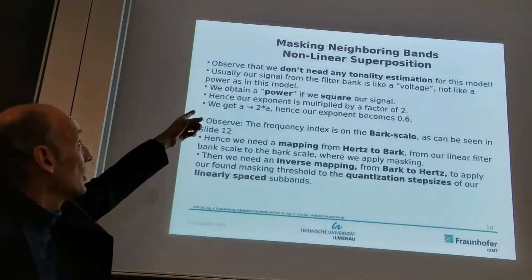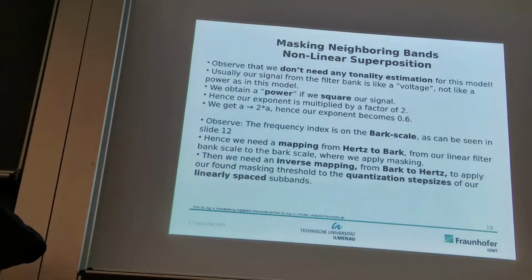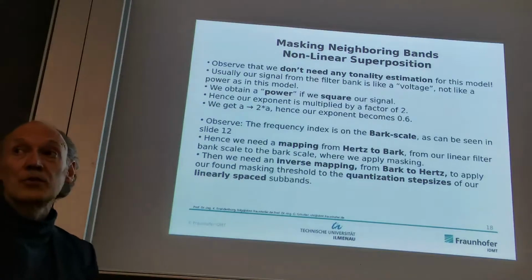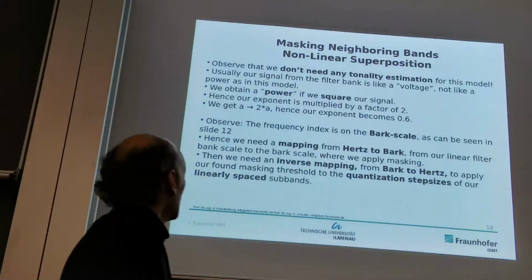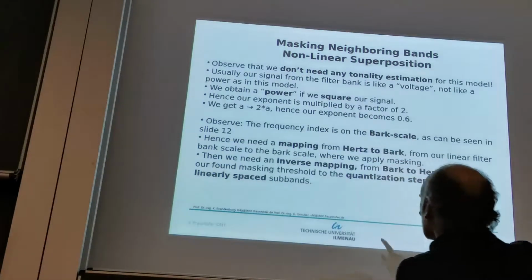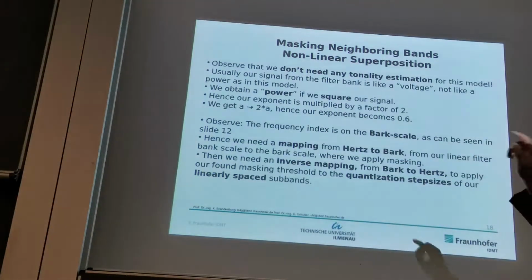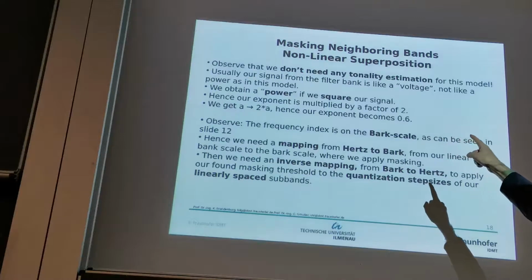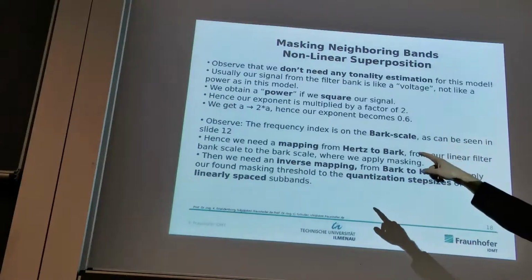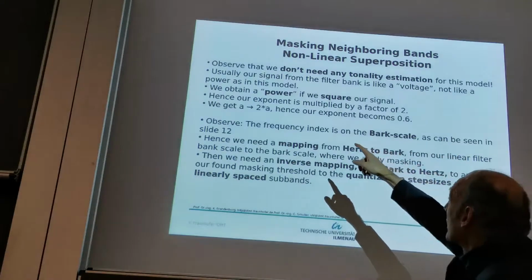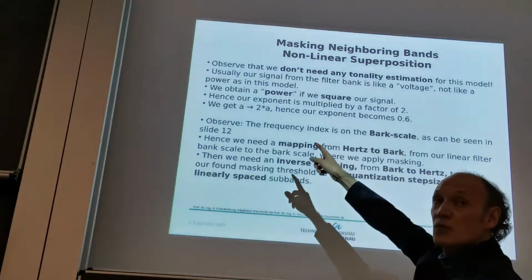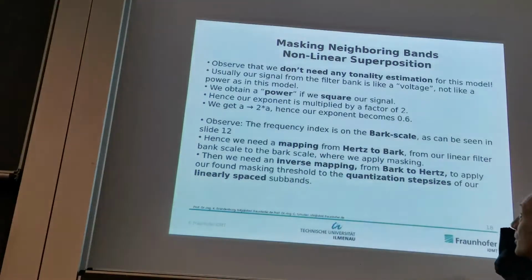This nonlinear superposition has the advantage that we don't need any tonality estimation, which is nice because tonality estimation is kind of tricky. Usually our signal from the filter bank is a voltage, not a power. We obtain a power if we square our signal, and hence our exponent is multiplied by a factor of 2, so we get 0.6 instead of 0.3.